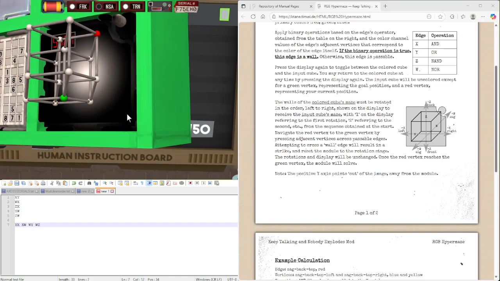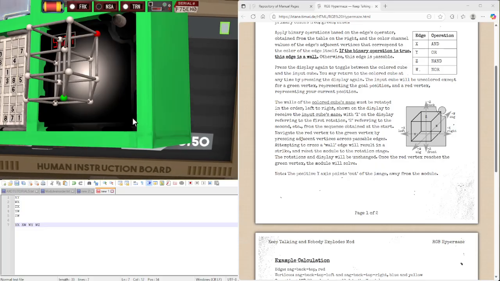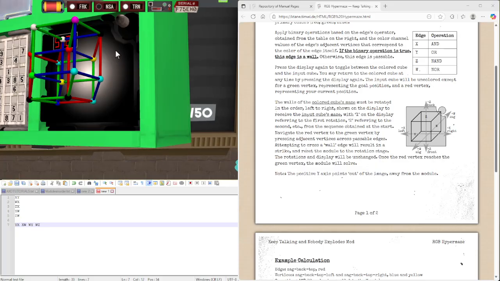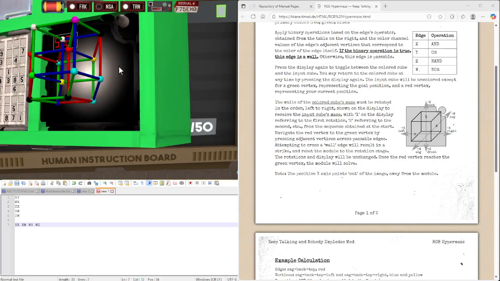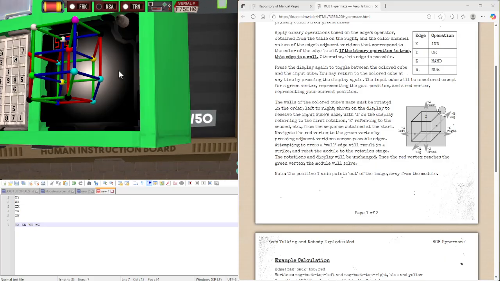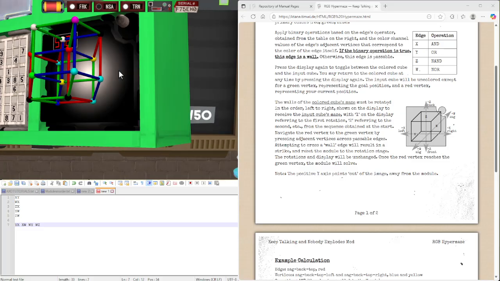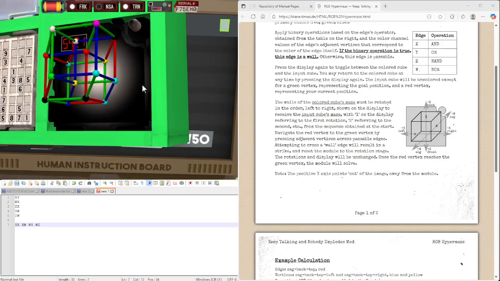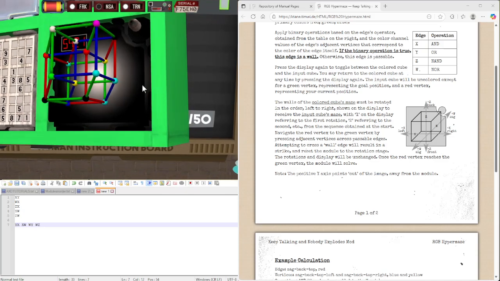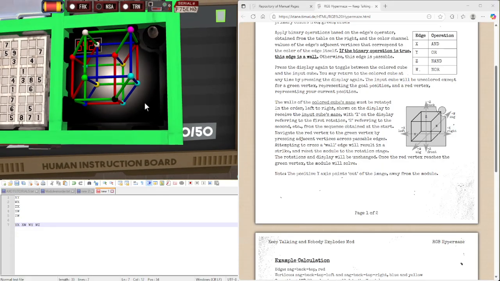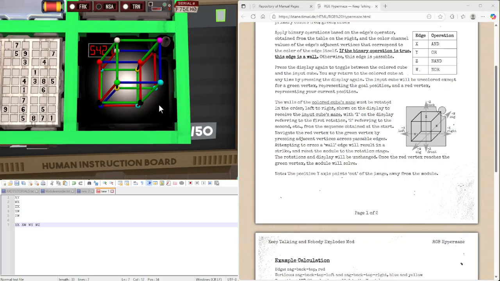Preferably, let's try going down first. That's Y. So YX goes to there.